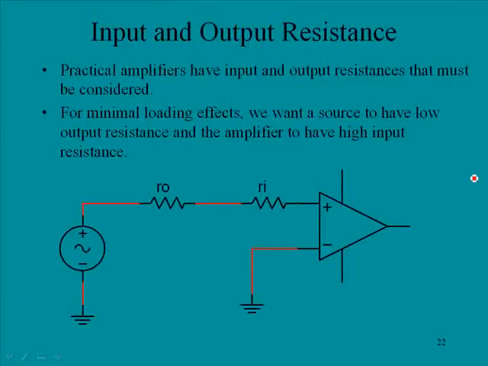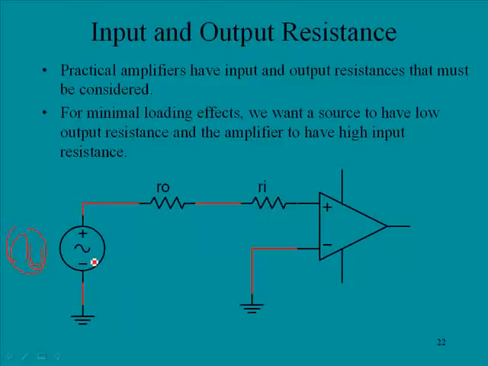Okay, input and output resistance. This is often referred to as input and output impedance. Practical amplifiers have input and output resistances that must be considered. For minimal loading effect, we want a source to have a low output resistance and the amplifier to have a high input resistance. Usually when we evaluate this, we're looking at voltage.